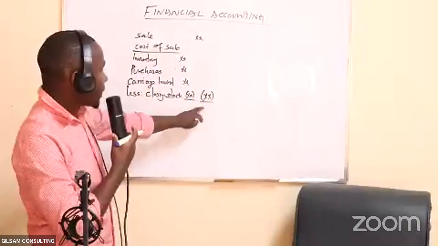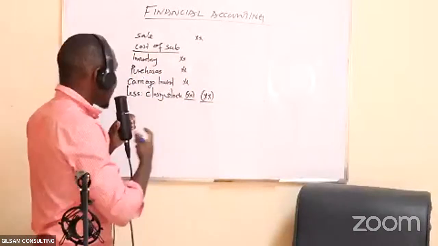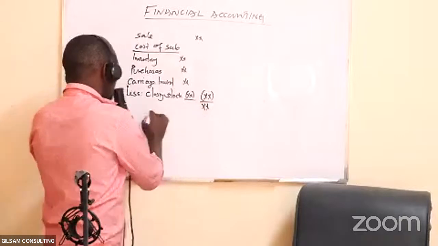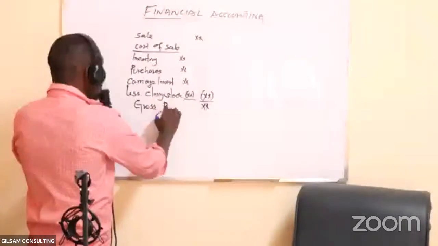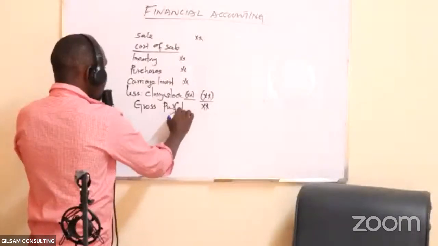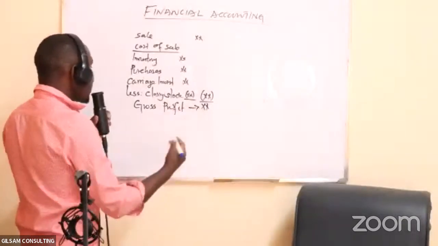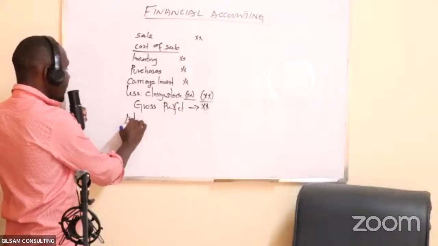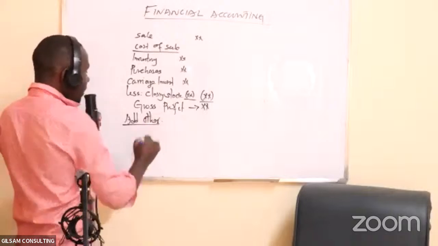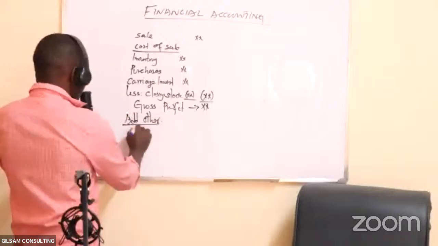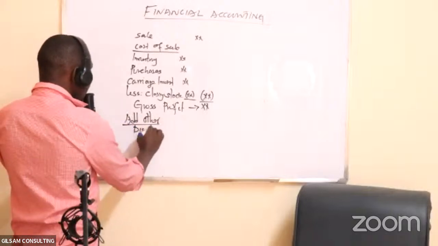After getting the total cost of sales, you subtract it from sales so that you can arrive at what is called the gross profit. Then you add other incomes. Which are these incomes? We have discount received.